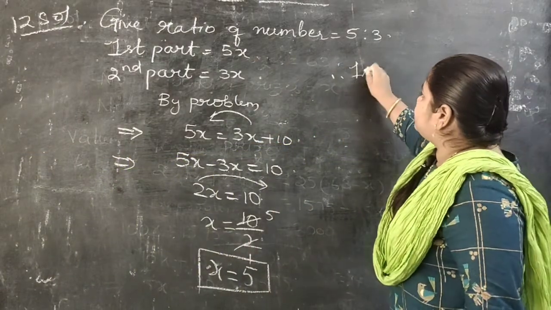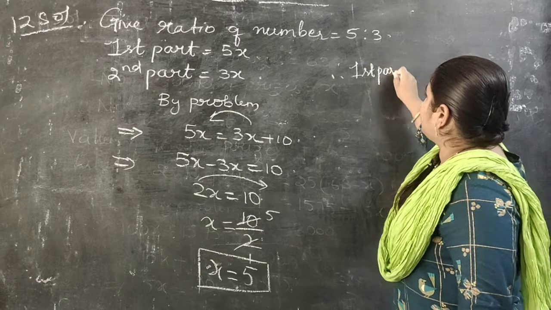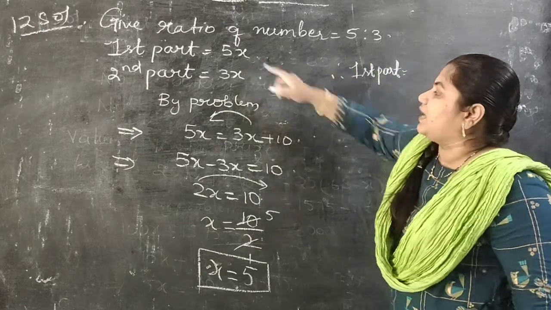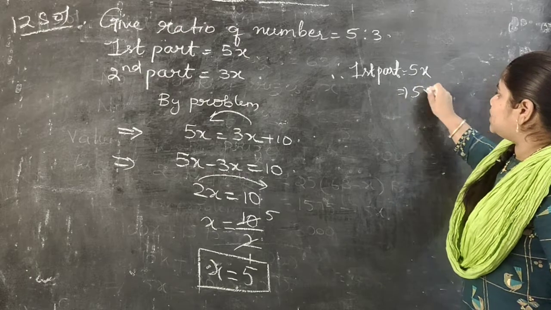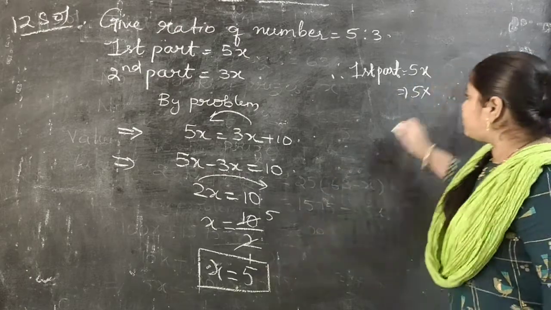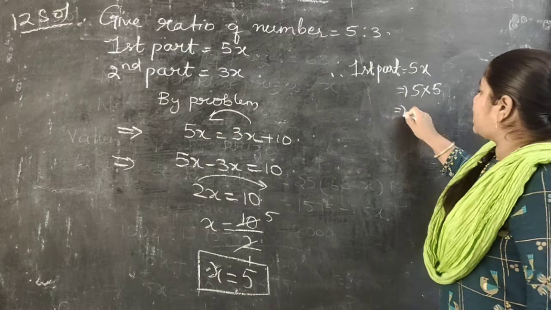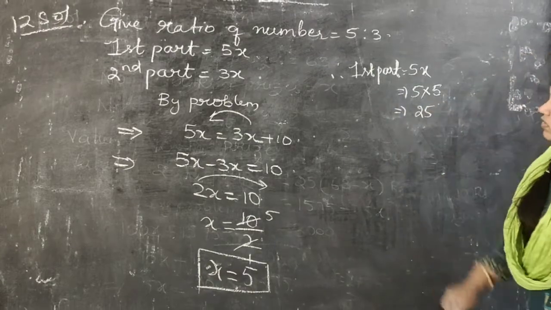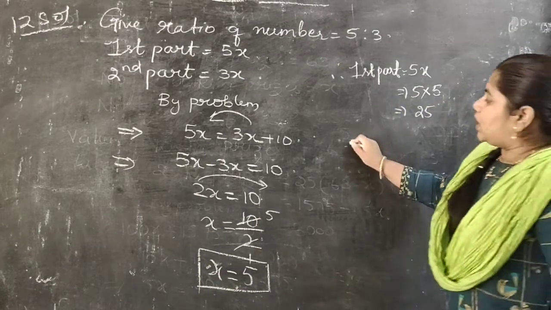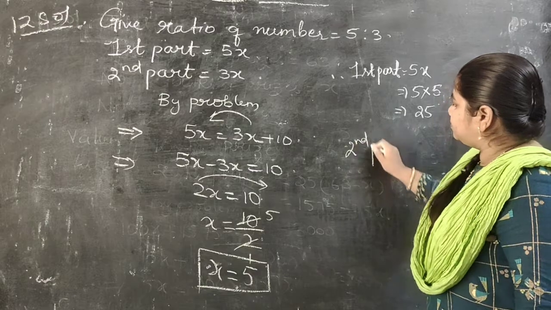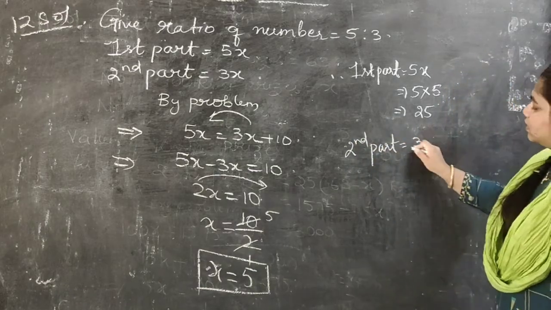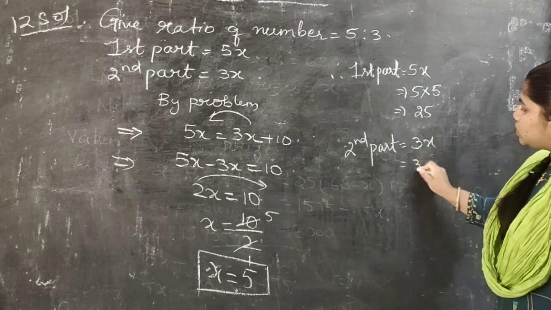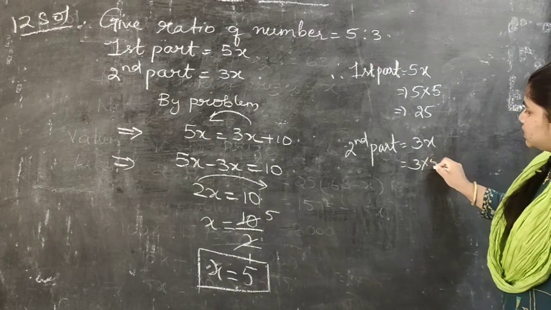Therefore, the first part is how much? 5x, which is 5 into 5, that is 25. The second part is how much? 3x. So 3 is a constant value, x value is 5.